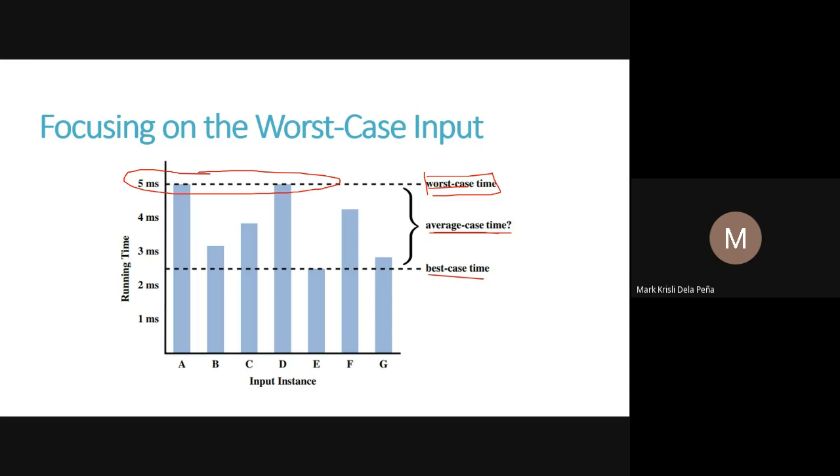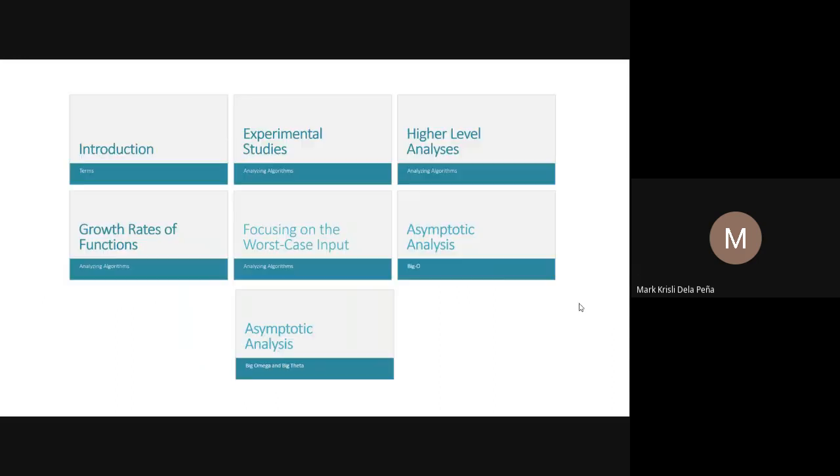So if you test your algorithm in a very harsh environment or situation and it performs well, then how much more in a very good environment? It would perform much faster, right? So that is why we have to focus more on the worst case. Okay, so that's just a tip from the author.